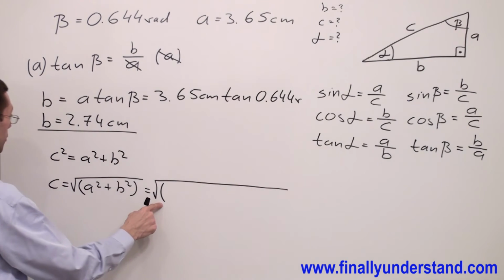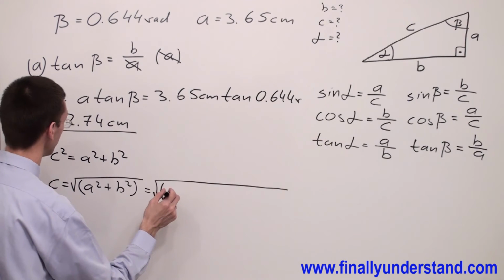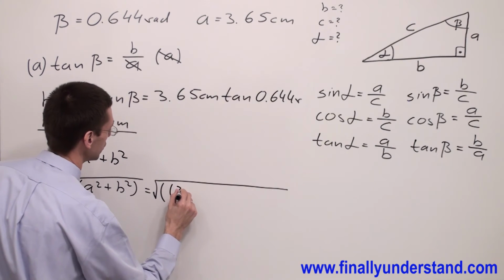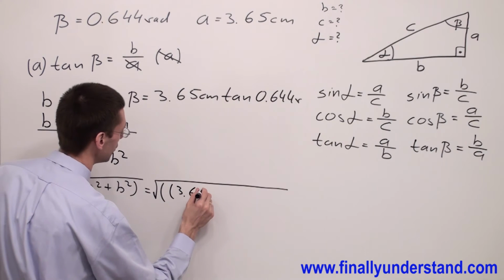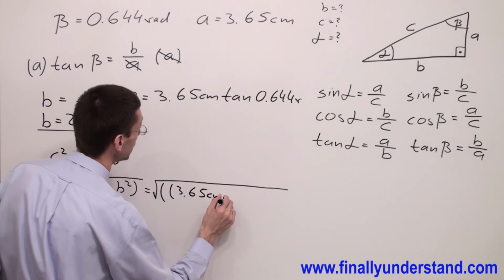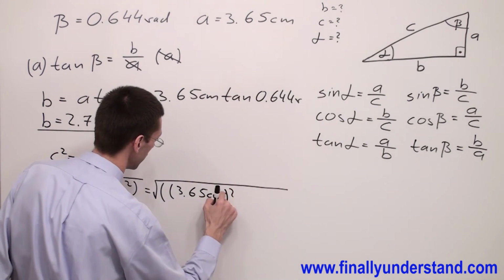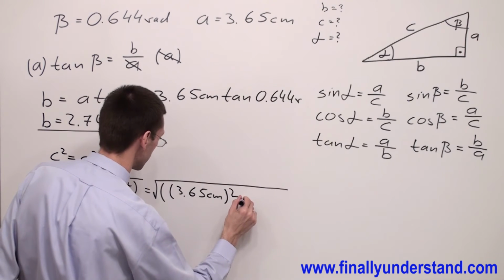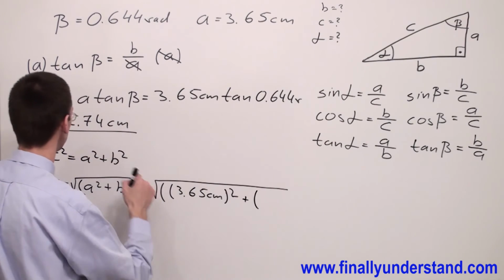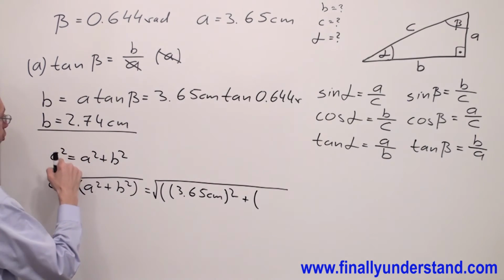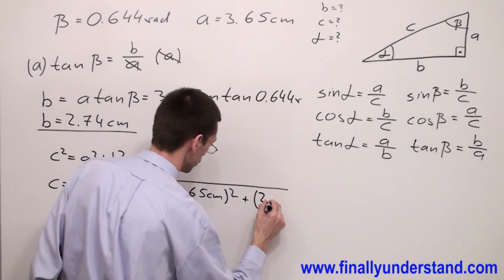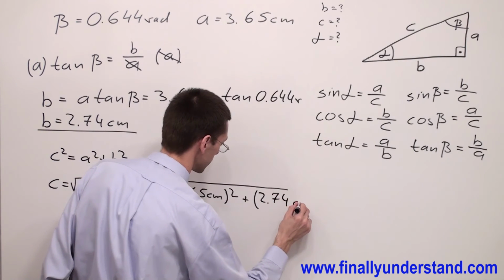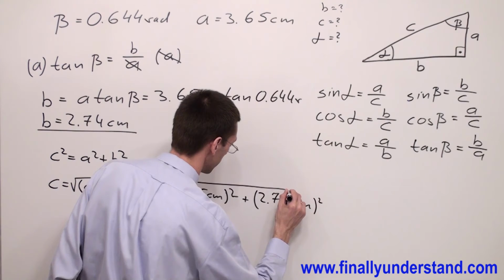So open parenthesis, and I have A, which is equal to 3.65 centimeters to the second power, plus, open parenthesis, B we found is equal to 2.74 centimeters to the second power.